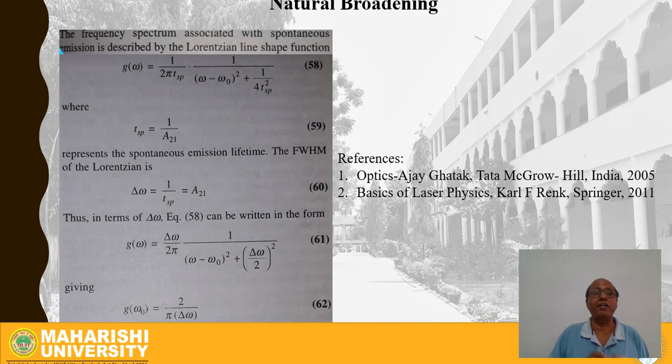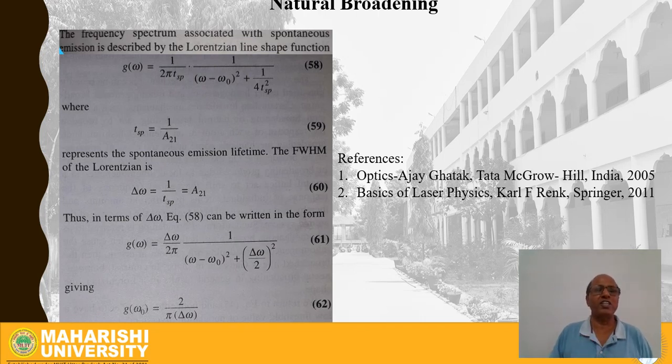Now the third part is natural broadening, which is a very simple case. By the word itself you can infer, like we saw in the first case, in the case of the hydrogen atom there was a spontaneous transition from 2p to 1s, right? And this was a case of spontaneous emission.